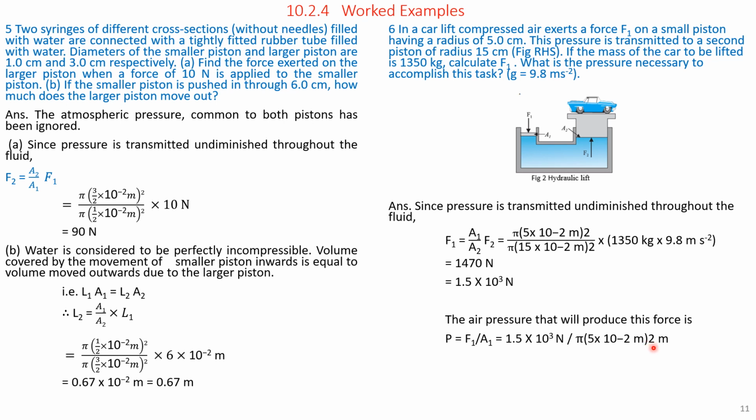That is, area is meter square. Simplifying, we get the value of pressure P equals 1.9 into 10 to the power of 5 pascals. This Pa is Pascal. That is the answer. This is almost double the atmospheric pressure.